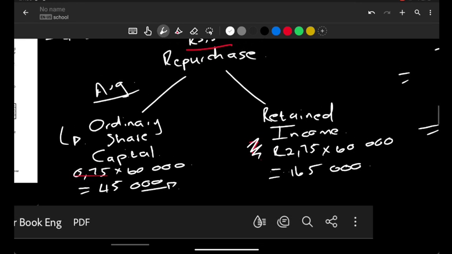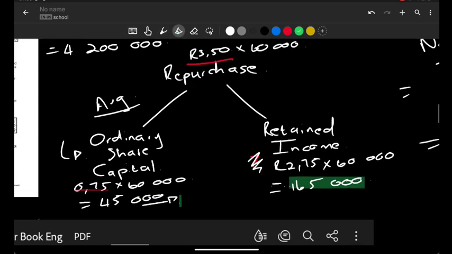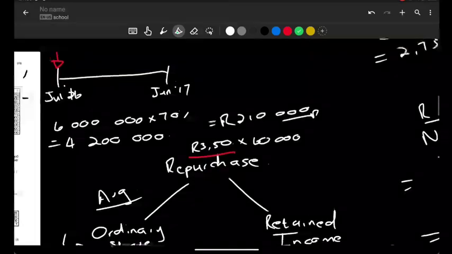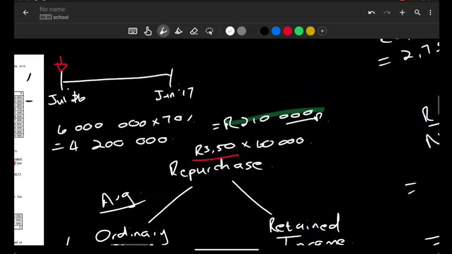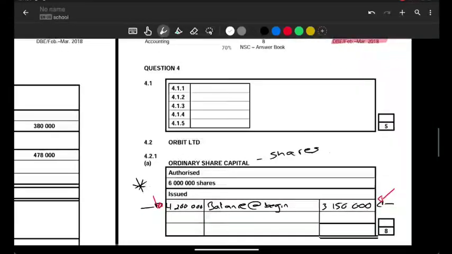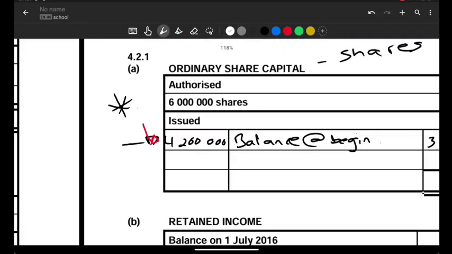So if you add 45,000 and 165,000, it should give you 210,000, right? So going back to answering this question, we bought back how many shares?